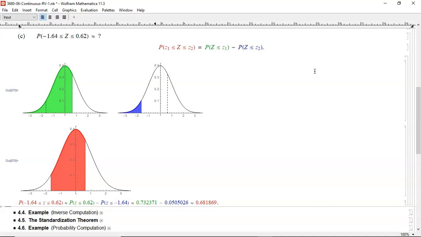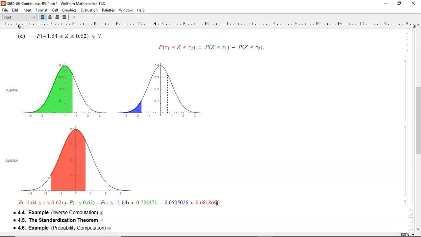It's a geometry problem. So what you want is green minus blue. So green, less than 0.62, which we calculated in part B, and blue, less than negative 1.64, which you calculated in part A. So if you subtract one from the other, then you get what you want.